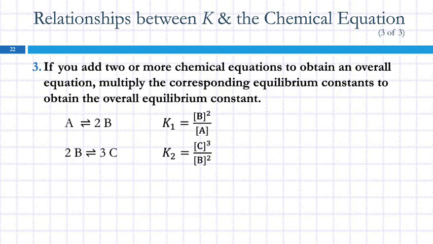So here, if we add these two equations, what do we get? A plus 2B in equilibrium with 2B plus 3C. And so what does that simplify to?